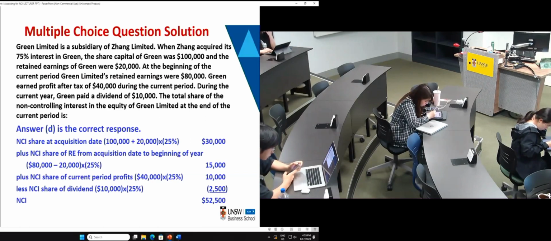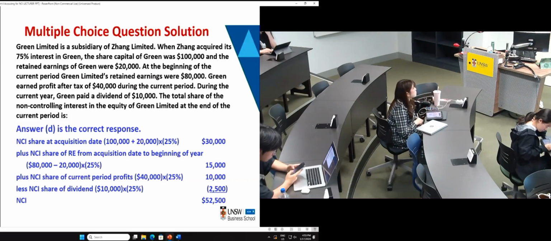So in order to find out the share of a subsidiary's equity balance at the end of the current year, all we need to do is to find out the subsidiary's equity balance at the end of the current year, right? And then we multiply by 25% to get NCI share.